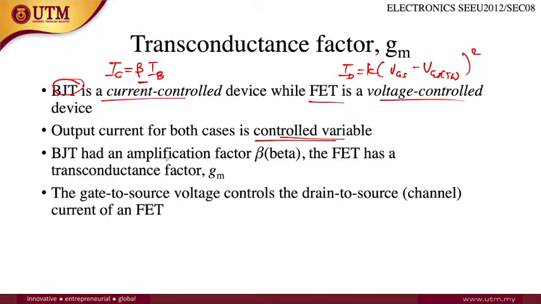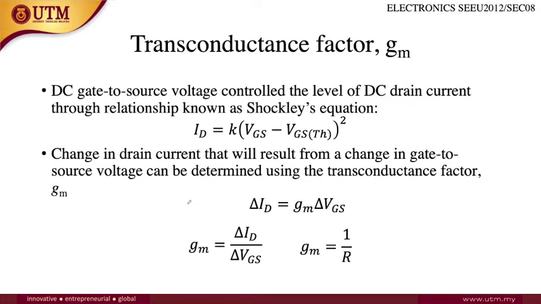BJT has an amplification of beta. But for FET, the amplification factor is the transconductance, which is GM. The gate to source voltage controls the drain to source channel current of an FET. For DC, the gate to source voltage controls the level of DC drain current through the relationship of Shockley's equation, as I mentioned earlier.